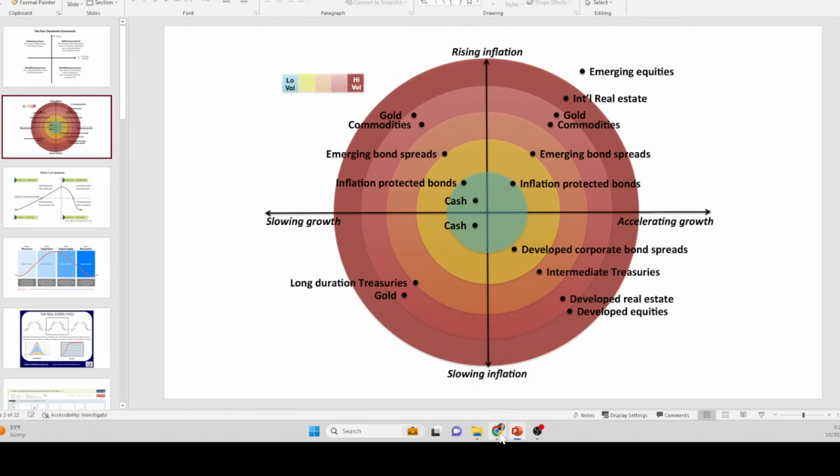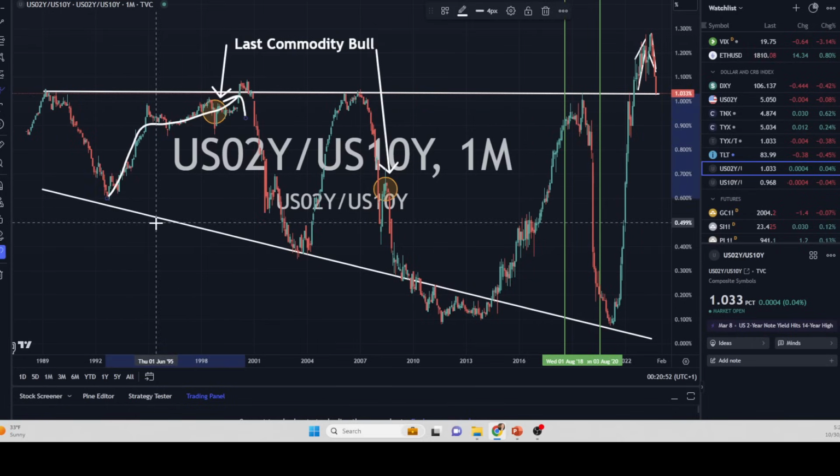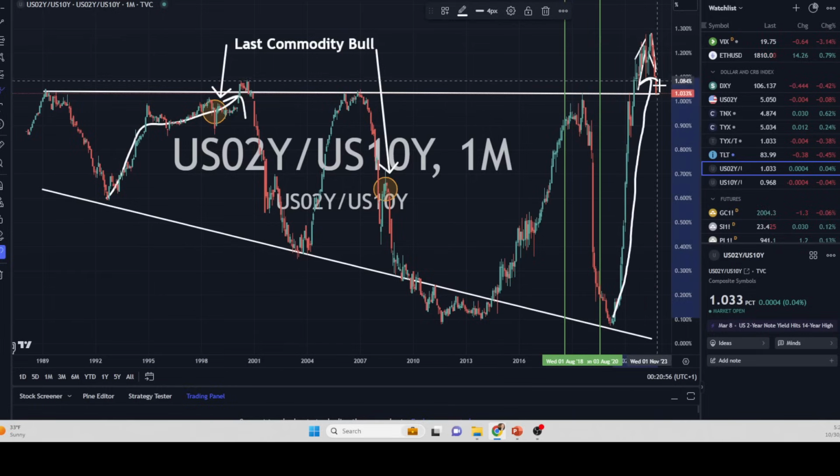So going back to the charts, the cycle is represented by the 2 and 10 year yield curve. Not the curve, but the inversion and uninversion of the curve. As we have more inflation, we come on up, and the yield curve inverts.